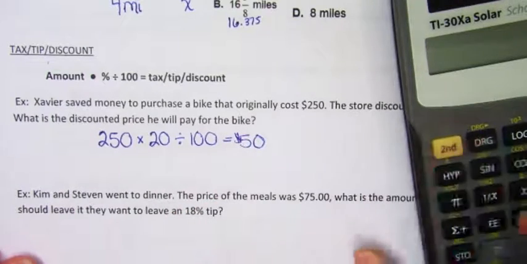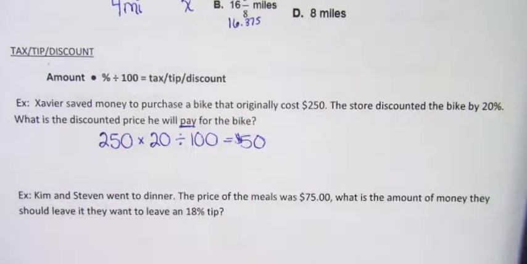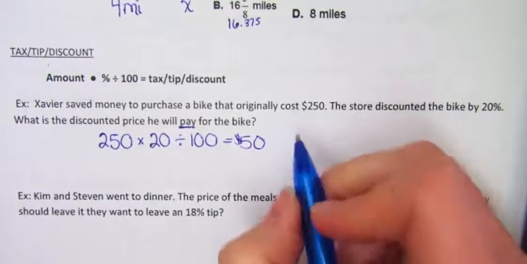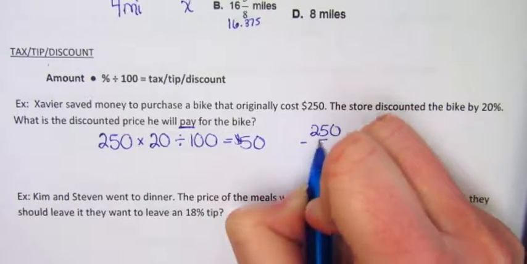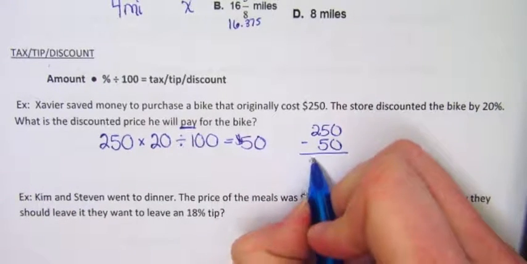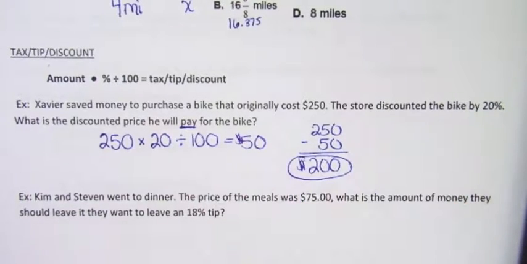But we have to think, is that what the question is actually asking us? It says, what is the discounted price he will pay? So he's not paying $50. $50 is what he's saving. So we're thinking discount. You go into a store and you're saving money on something. We are subtracting the cost. You would be upset if that cashier added money to your cost. So we take the original and subtract it, which gives us $200 as the cost Xavier has to pay for the bike.